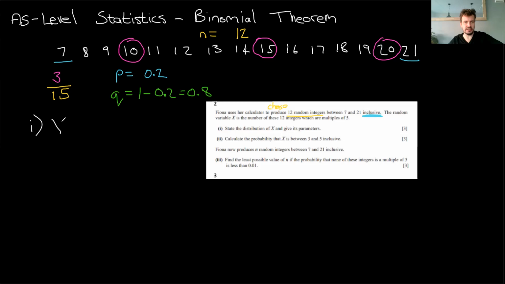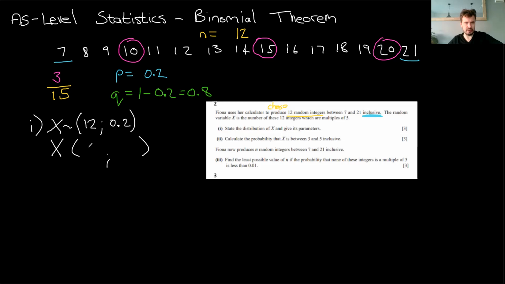The distribution will be the N, which is 12, and the probability of success, which is 0.2. When you put the distribution in, you put your X, and then how many do you choose, so it's your N, 12. So let's write down what we should say for the formula. That would be the N and then the success.